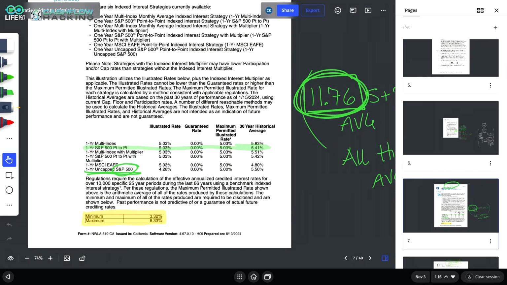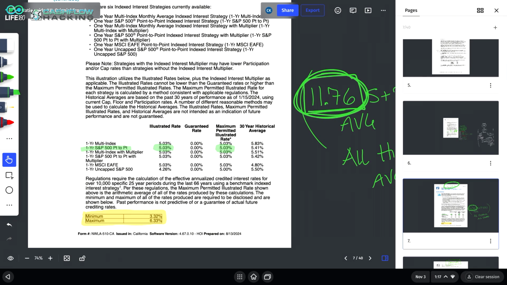You look at the numbers here, and once again, I'm going to erase this just to work on it for a second. But this point to point here, that illustrated rate is only 5.03%, and it's actually illustrated at the maximum illustrated rate. Remember, they illustrated at 6%, but they could have done 6.46%.